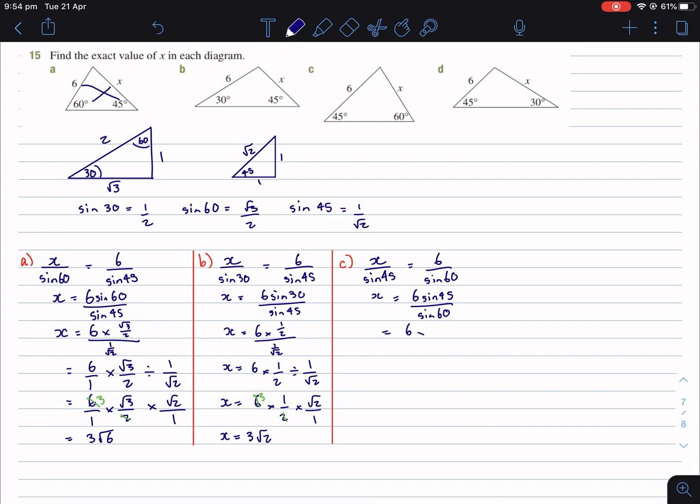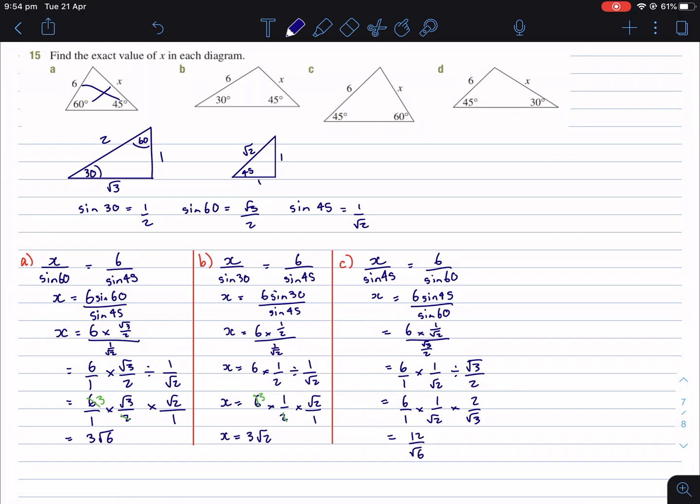So I've got 6 times 1 on root 2 over root 3 on 2, which gives me 6 over 1 times 1 on root 2 divided by root 3 on 2. 6 on 1 times 1 on root 2 times 2 on root 3, which gives me 12 on root 6.